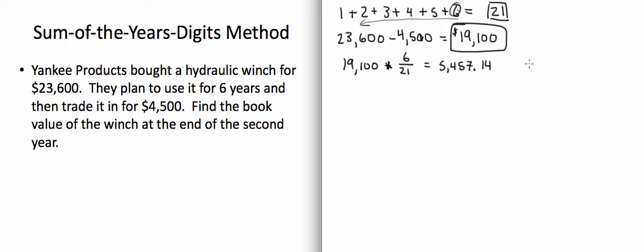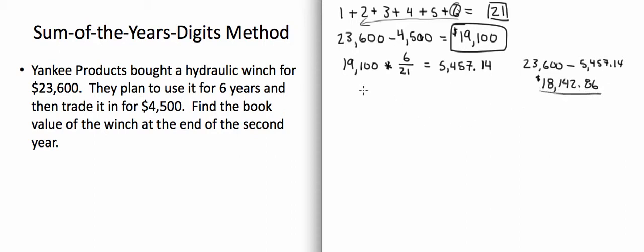So then we take our original value, 23,600, and we minus that 5,457.14, and that's going to give us 18,142.86. So that's the book value after the first year.